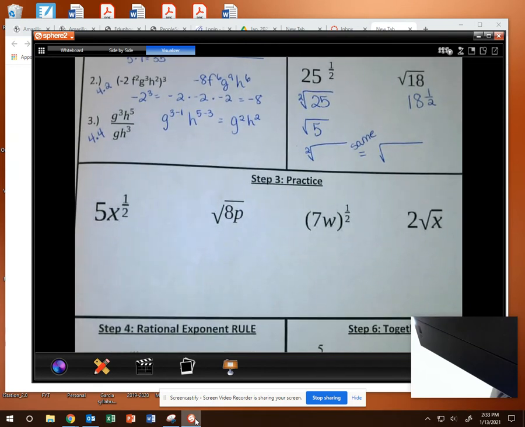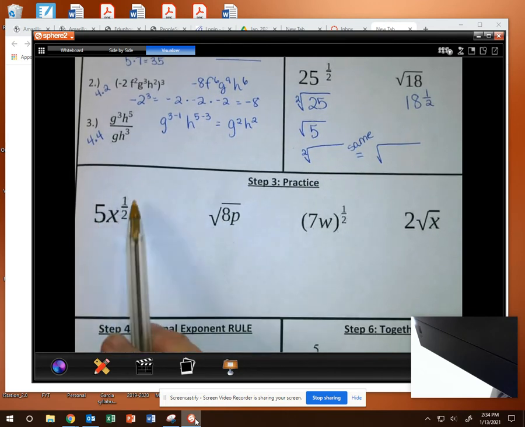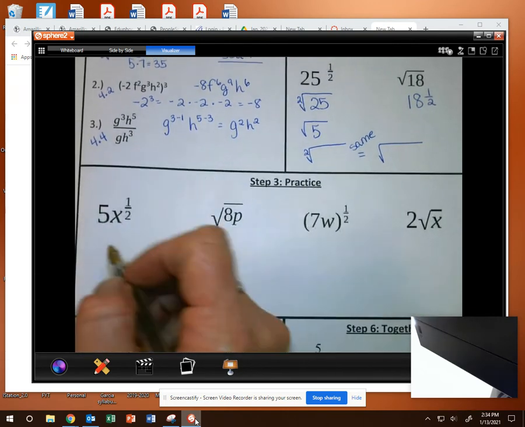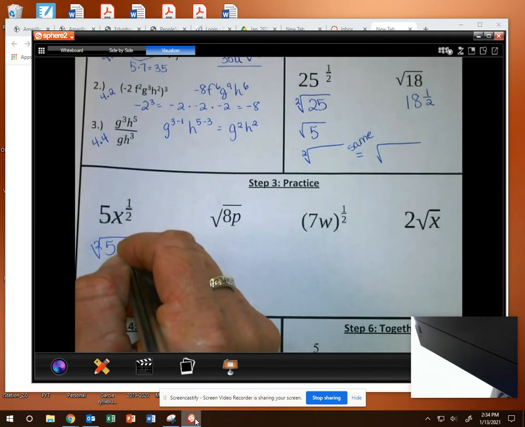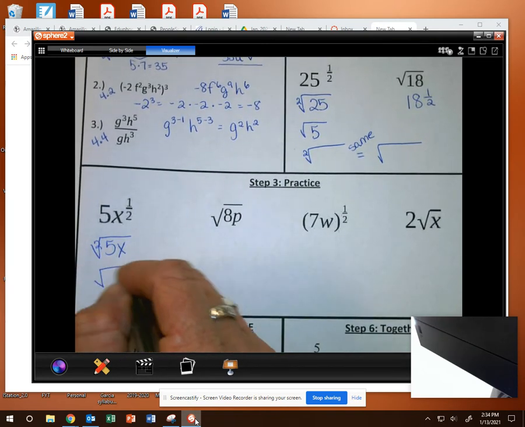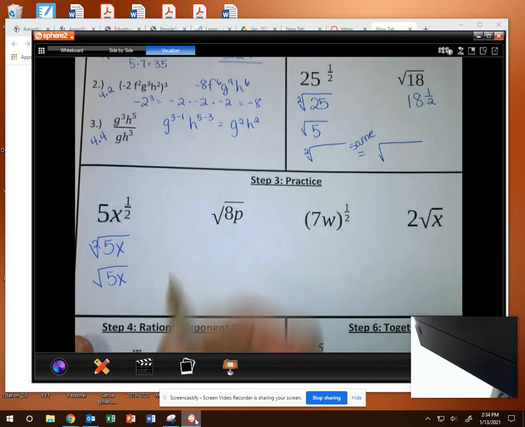So just bear with me until we get to the rule. So let's practice how we would write this. 5x raised to the 1/2 power would simply be the square root of 5x.